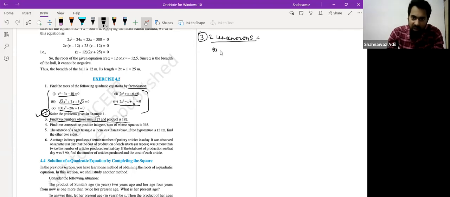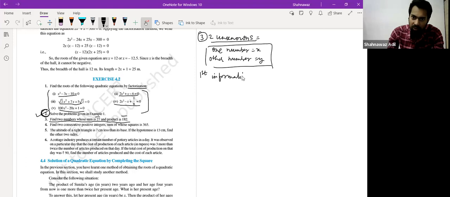So let's say one number is X and the other number is Y. Now we can talk about the first information: the sum is 27, right? So how should we write this?